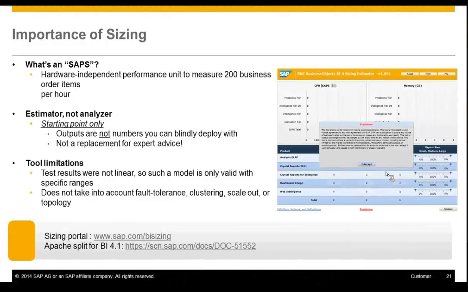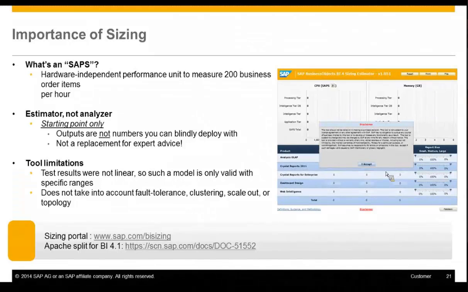When customers think their 3.1 environment is brilliantly sized and everything works fine, they simply take that as a guideline and try to configure their BI4 environment. You should not do that.